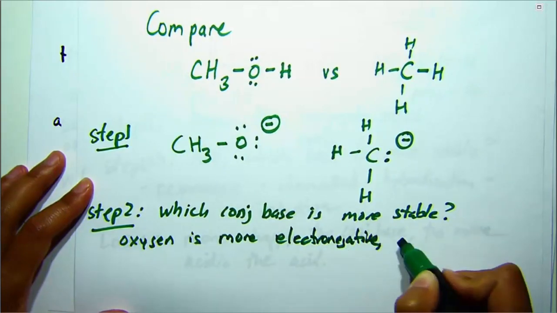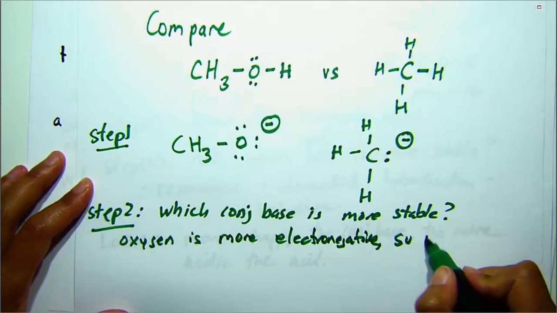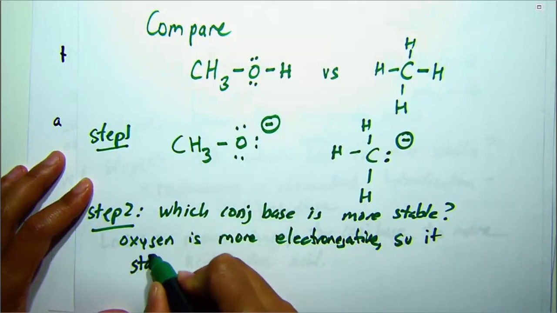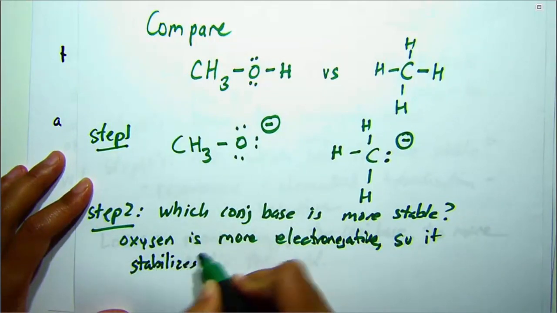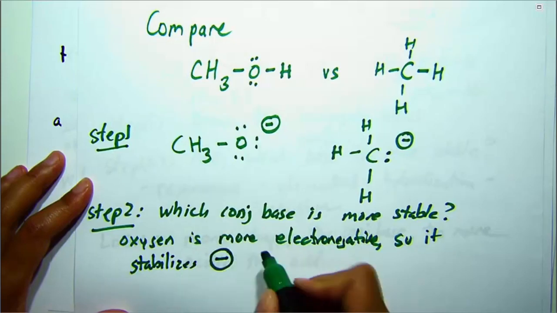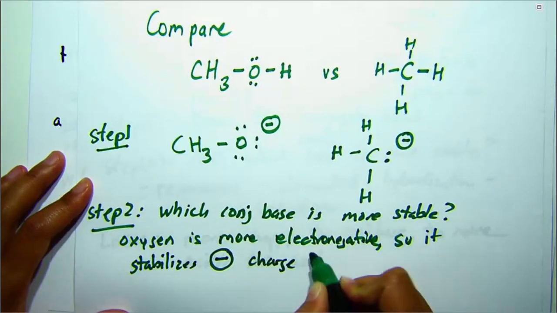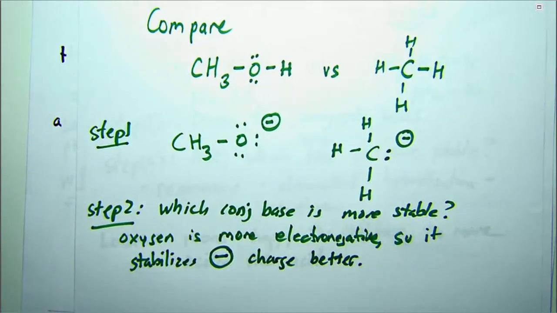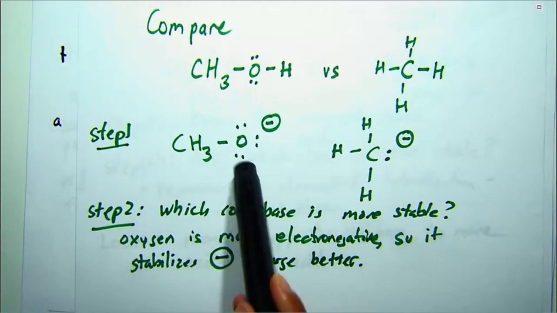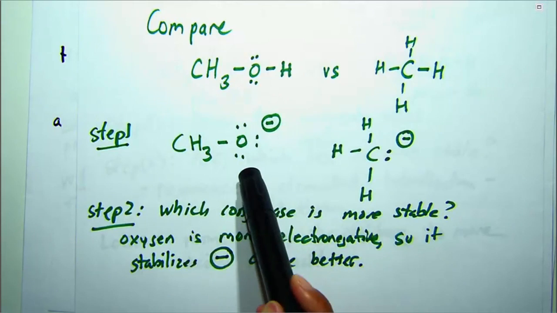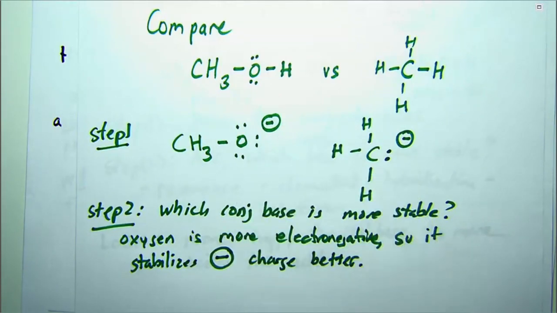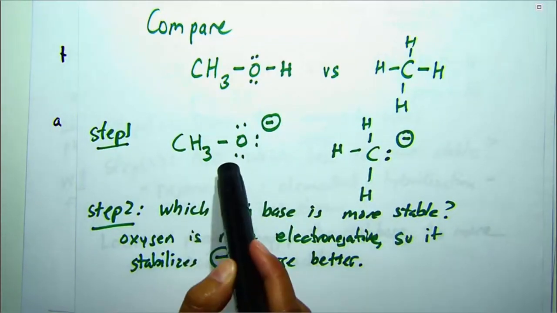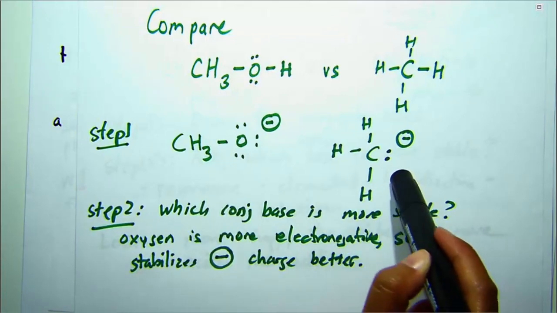So it stabilizes the negative charge better. All right, so by that logic, this means that the methoxide anion is way more stable than the carbanion, because oxygen is way more electronegative than carbon.